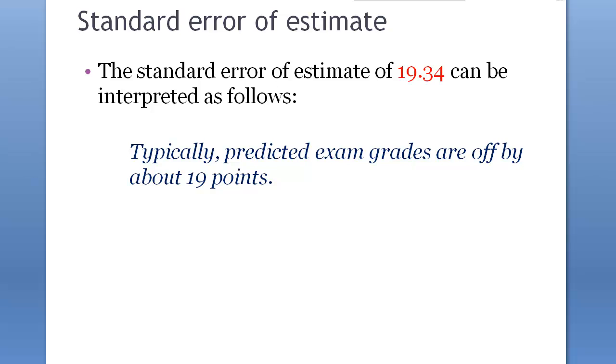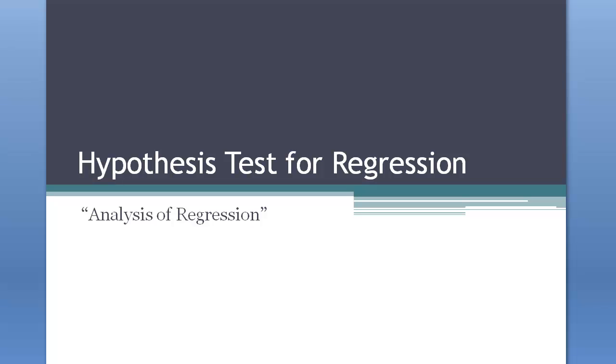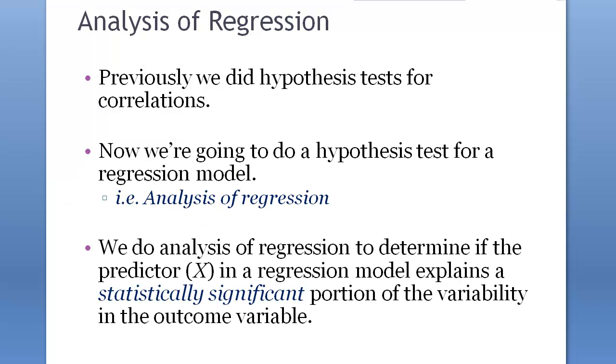Next we're going to talk about hypothesis testing of regression. We do regression analysis to determine if the predictor X in a regression model explains a statistically significant portion of the variability in the outcome variable.